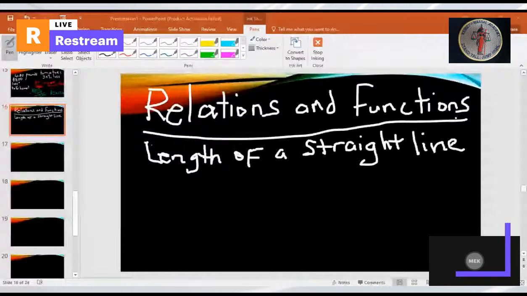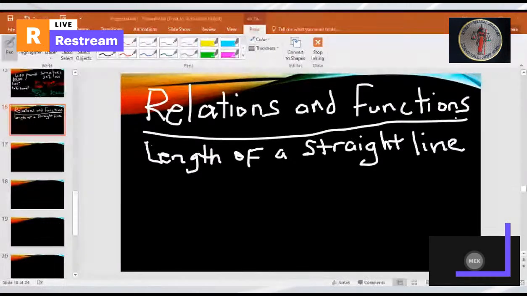So what we're going to be looking at is the length of a straight line, how to find the length of a line given 2 points. And we're going to look at how to find the midpoint of that line. So the midpoint would be a pair of coordinates that will tell you the position of a point down the line.